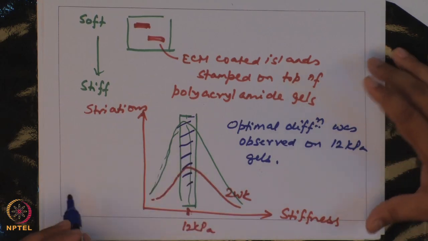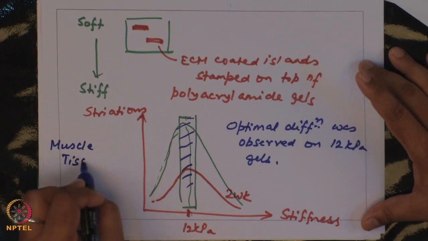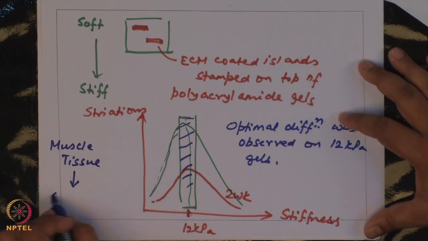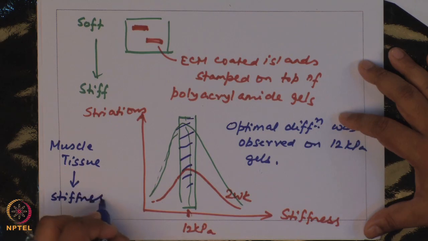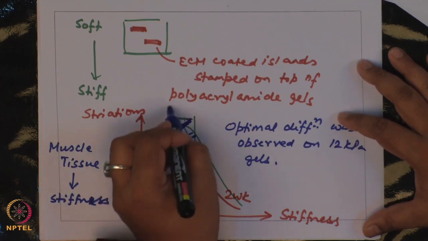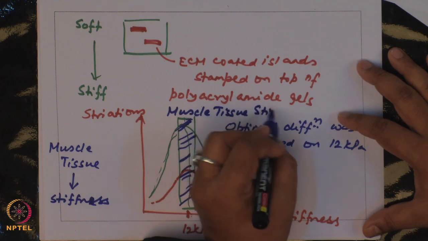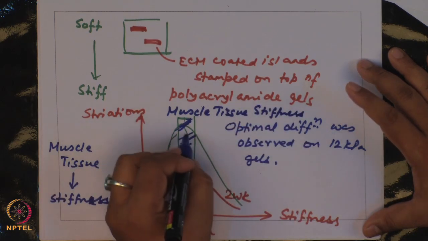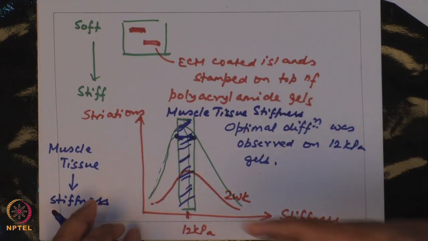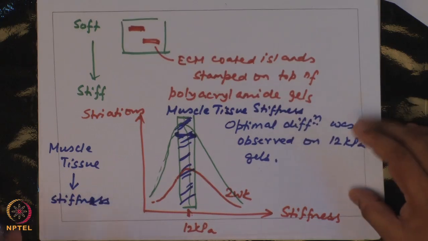So, what the authors did was they excised muscle tissue and measured its stiffness. And what the authors found was the stiffness of muscle tissue was exactly in the zone in which maximum amount of striations was observed on these gels, suggesting that muscle cells differentiate optimally on muscle like environments.